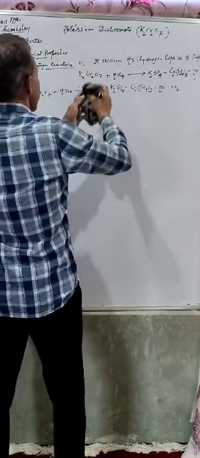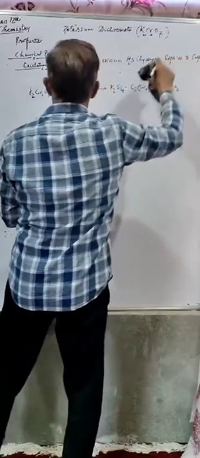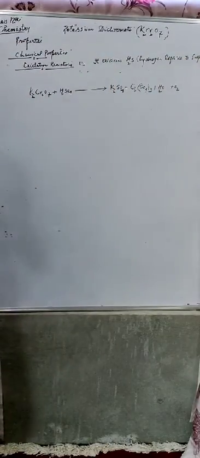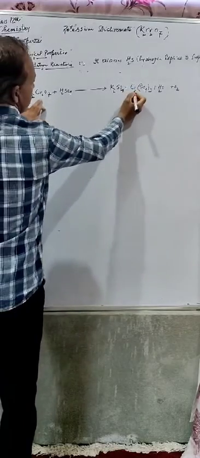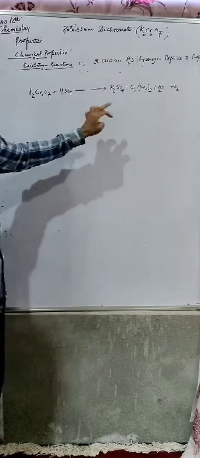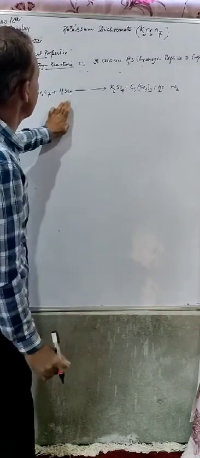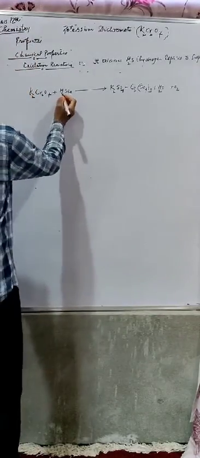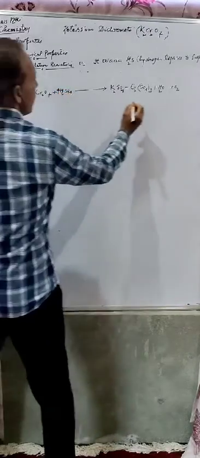Now we will balance the reaction first. K2SO4, K2SO4, Cr2(SO4)3, Cr2(SO4)3. That means we have 4 times SO4, so we will multiply it by 4 times.